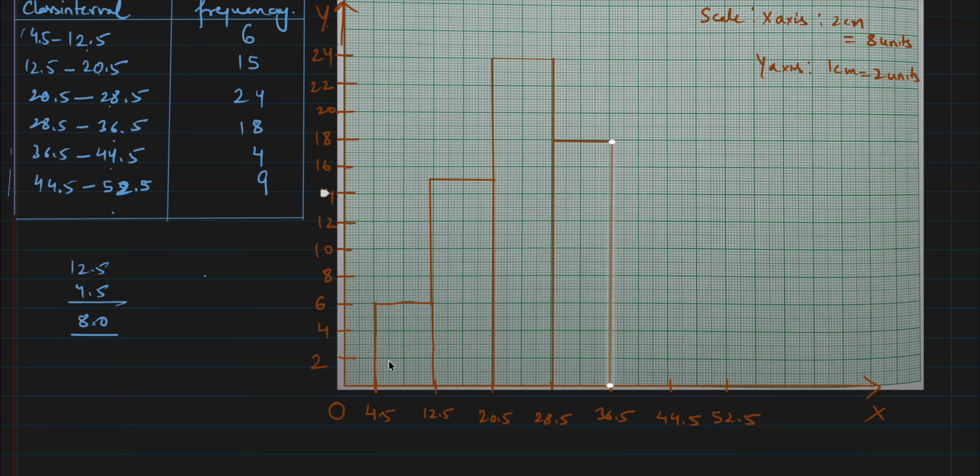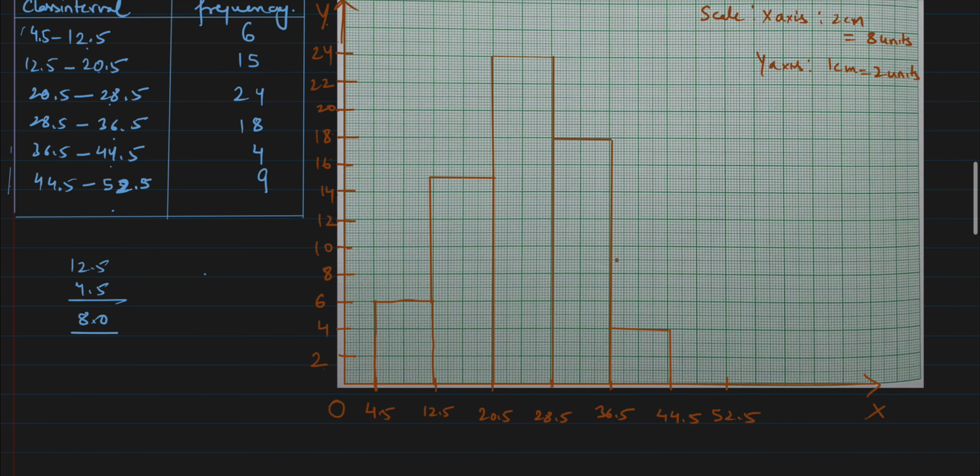Then 36 to 44.5, it's 4. So 4 is over here. And the last one is 9. So 9 is between 8 and 10, so 9 over here.